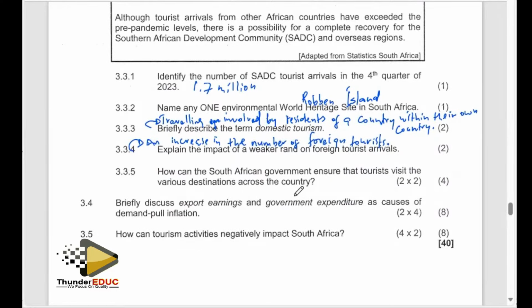So now let's check 3.3.5. How can the South African government ensure that tourists visit their various destinations across the country?